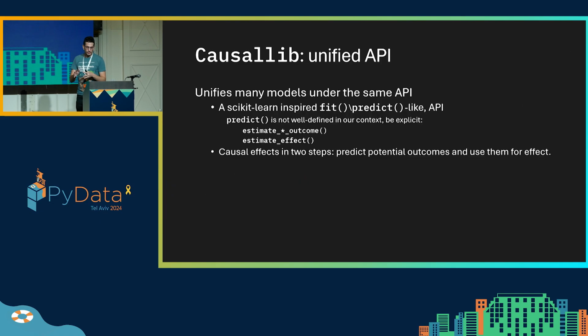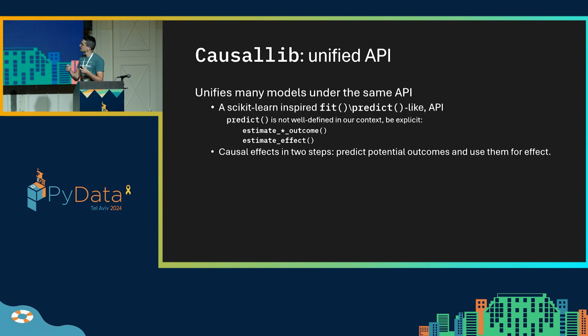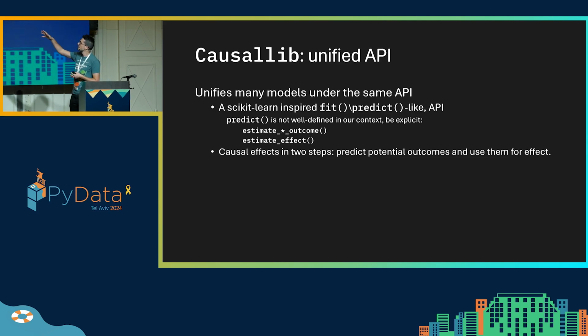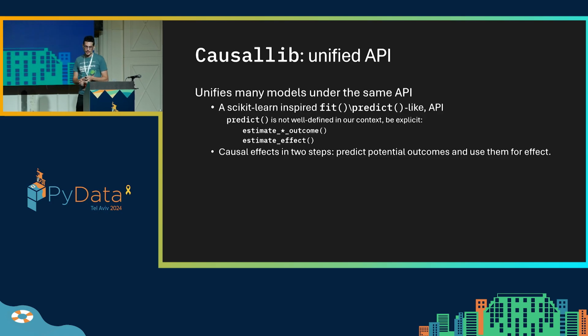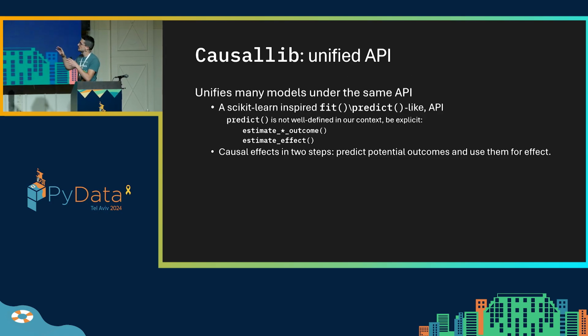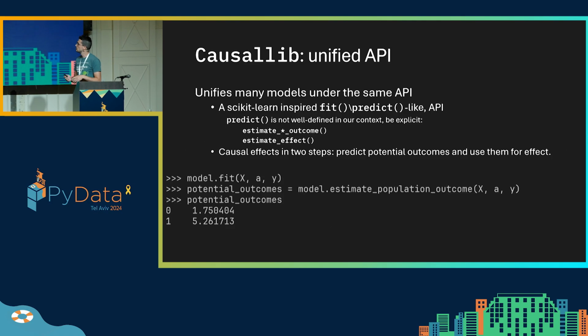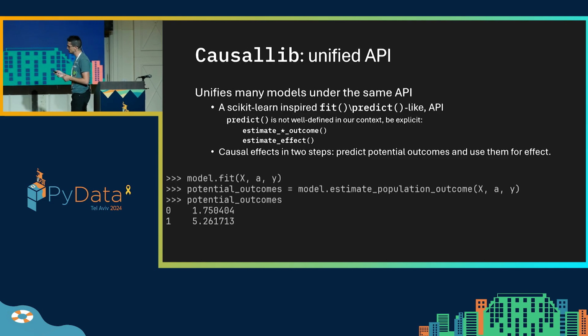And the causal models themselves are interchangeable, and their design is highly inspired by scikit-learn. They have a fit-predict API. The only difference is that predict is not very well defined. So we will work, say, with the potential outcomes, where we want to predict the outcomes under different scenarios, right?